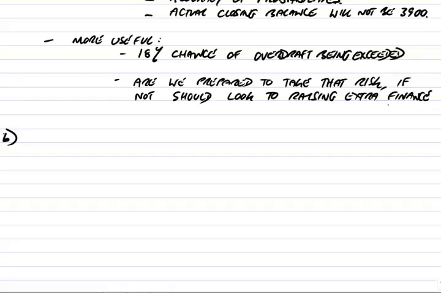Trade receivables management. We're talking about giving credit to customers. So the first thing that needs asking is, if a new customer appears, how much credit shall we give?